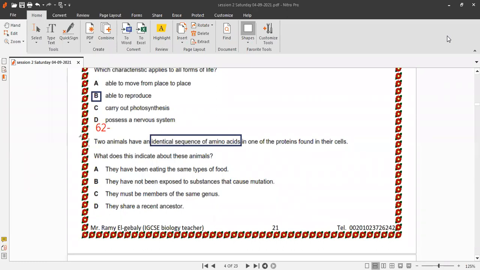That's why it's D. So the correct answer is D, they share a recent ancestor because they have an identical sequence of amino acids. Okay, focus here, this is a new question. Let's continue.